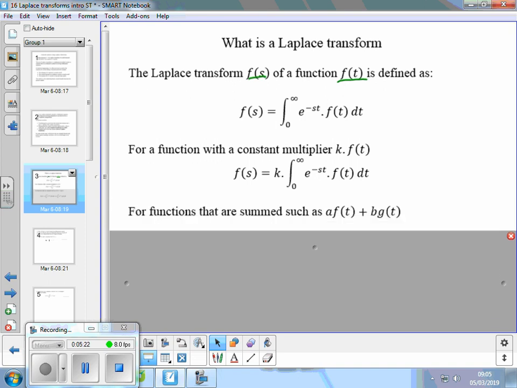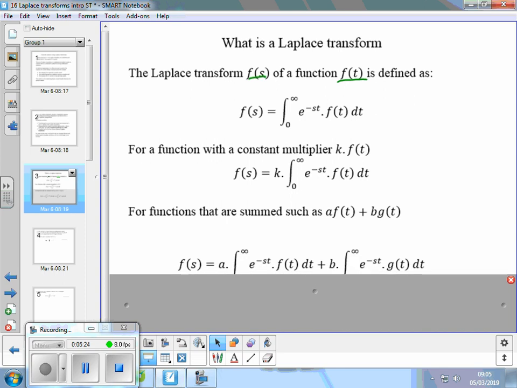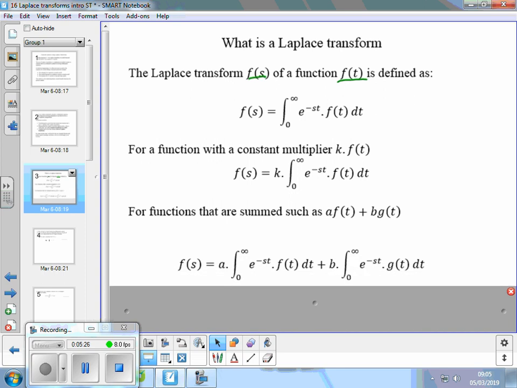For functions that are summed, so if we've got a f of t, a function, plus b g of t, another function, we simply find the two parts separately and add them together.